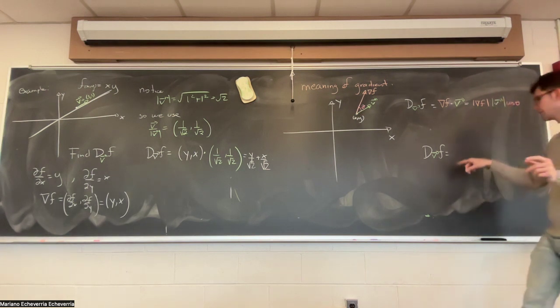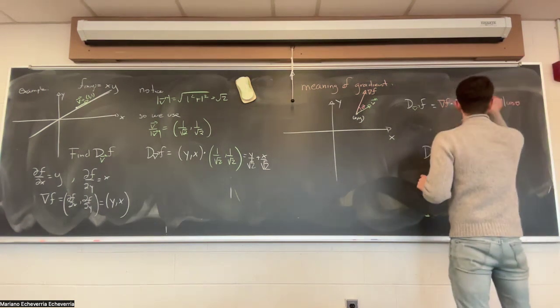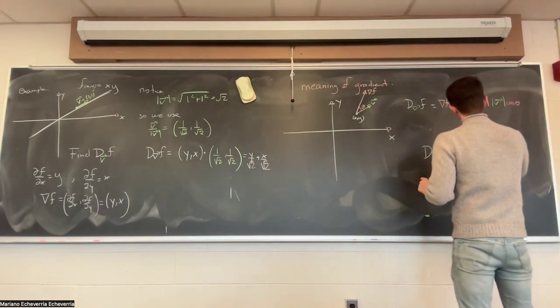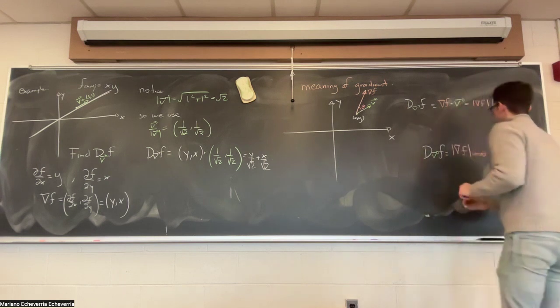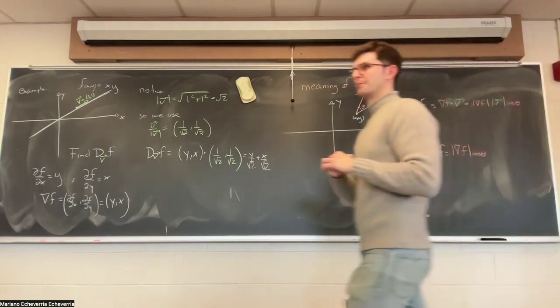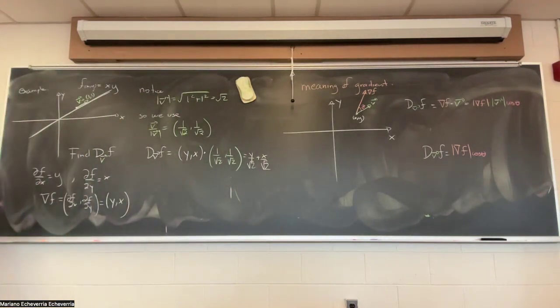So the directional derivative is just the magnitude of the gradient of f times the cosine of the angle, right? Because again, the length of the second factor was one. Is that okay? So that's good.